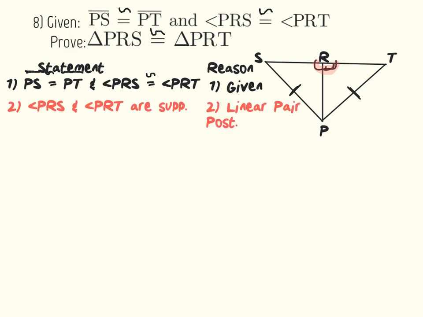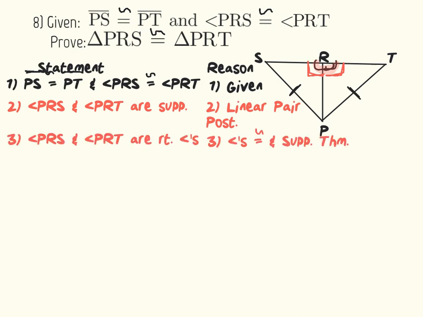So taking that information, if we look back at our theorems, we have theorem 5 that says congruent and supplementary: if two angles are congruent and supplementary, then each is a right angle. So we can now say that angle PRS and angle PRT are right angles by the angles congruent and supplementary theorem, theorem 5, and put the box in there.